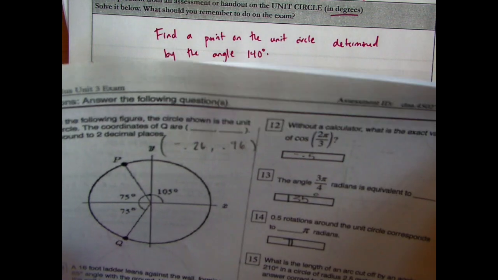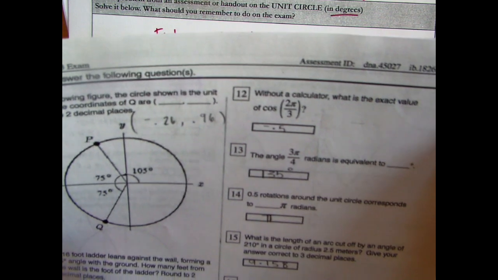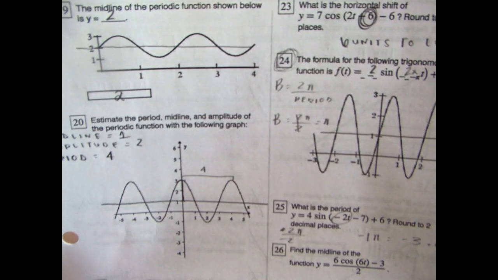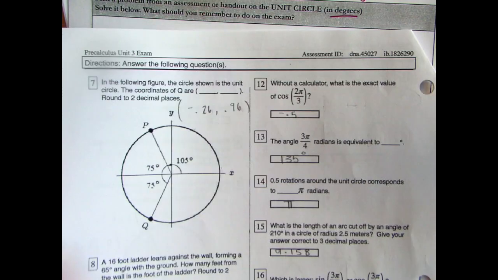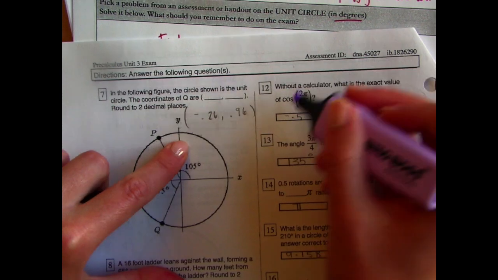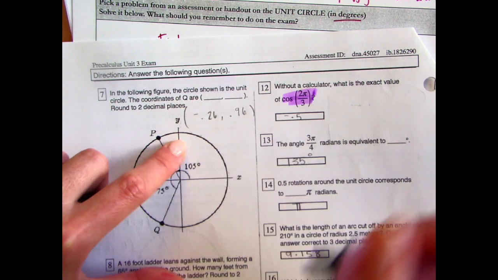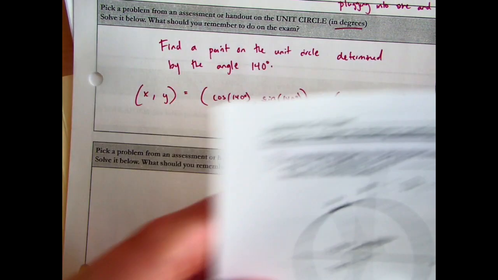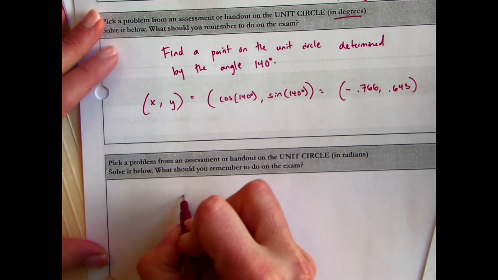Let's write that down. So I'm going to plug in 2 pi over 3 times 180 over pi, and I'm going to get 360 pi over 3 pi.